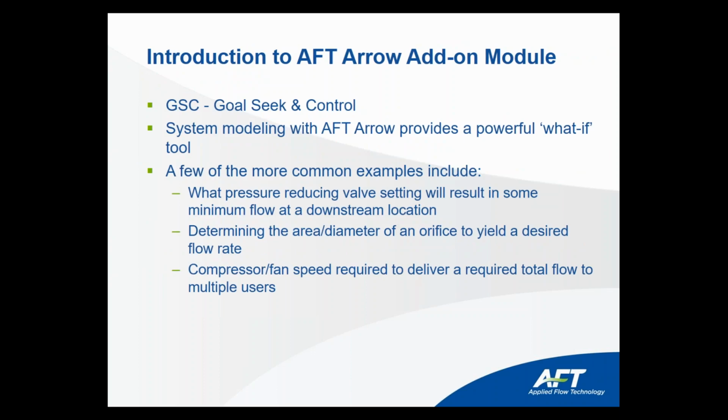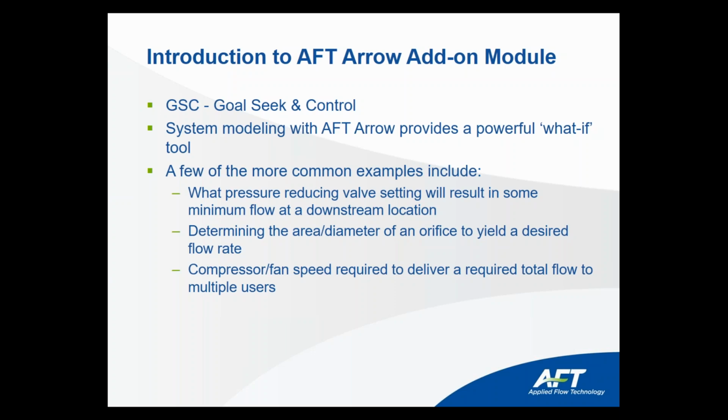So AFT Arrow 6 does all of the legwork in a steady state fashion, but we have an add-on module that further expands the capability of that, and that's called our goal seeking control. Just to take a moment here and pause to give you a quick idea of what the goal seeking control module is all about.